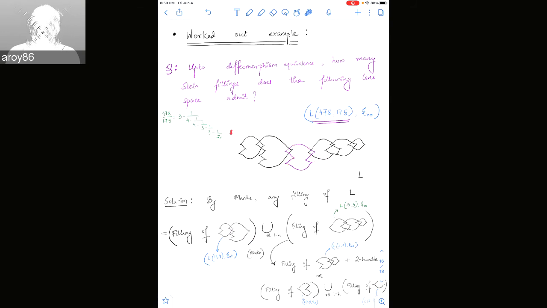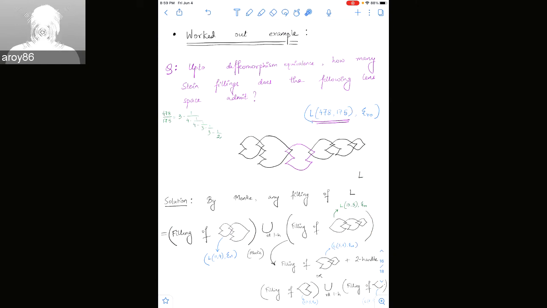So a filling of this lens space comes from a filling of the lens space described by the first two components, which is L(11, 4), and then a filling of the lens space described by these three components, which is an L(13, 5). So this is a universally tight L(11, 4), while this is a virtually over-twisted L(13, 5), because the directions of stabilization change here.